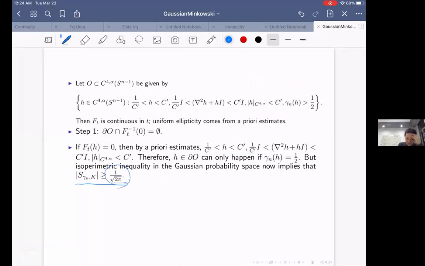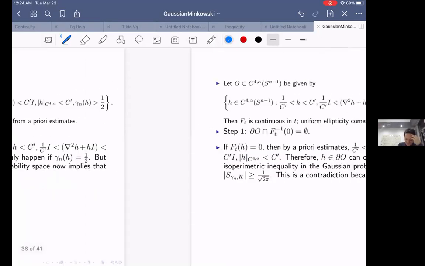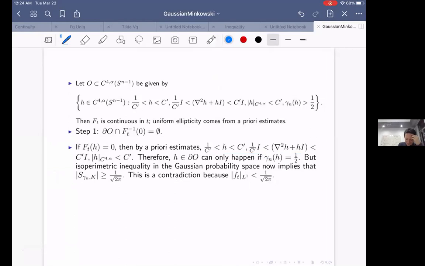So this assumption on our data F will provide that this is impossible, because if h is the solution of F_t, it must satisfy this. This is a contradiction. So this proves step 1.